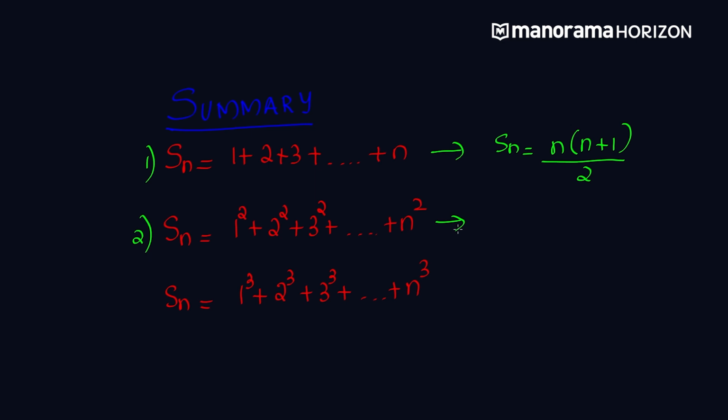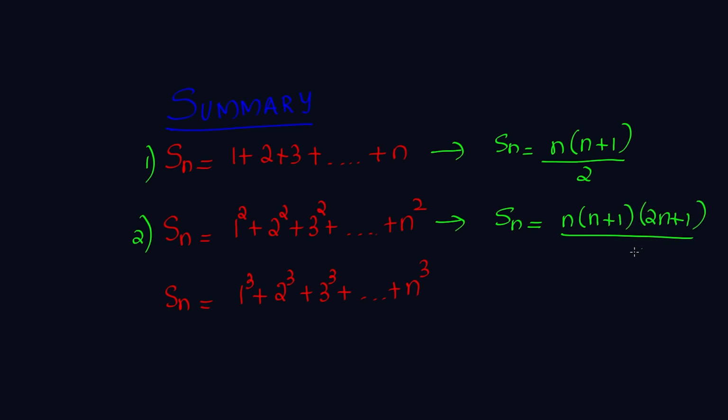Second, we learned about the sum of squares of first n natural numbers, which is given by Sn equal to n into n plus 1 into 2n plus 1 the whole divided by 6. And last, we learned about the sum of cubes of the first n natural numbers, and the equation is Sn equal to n into n plus 1 the whole square divided by 4.